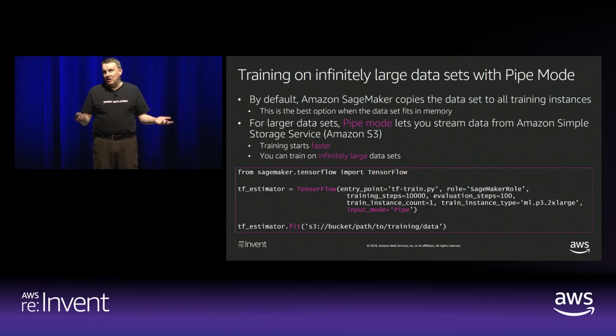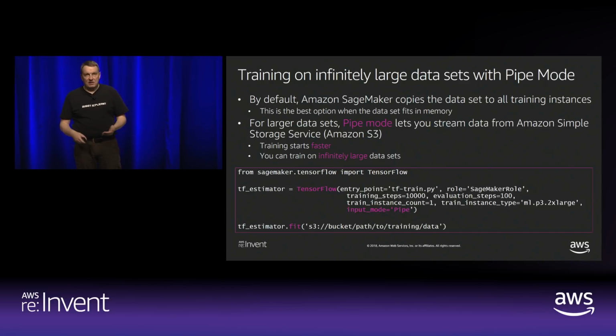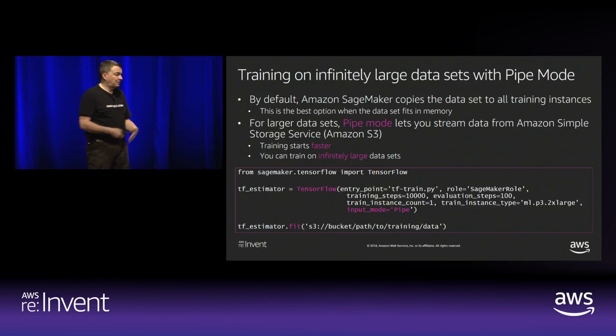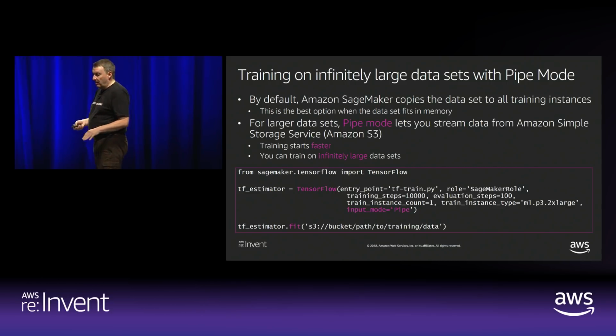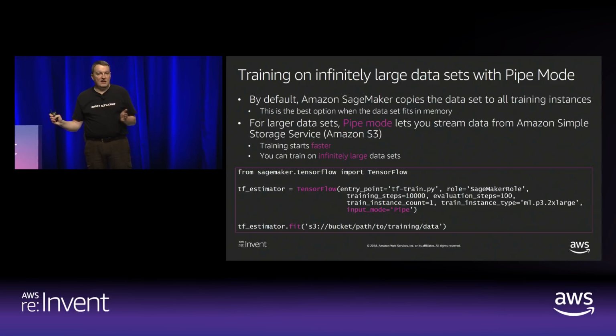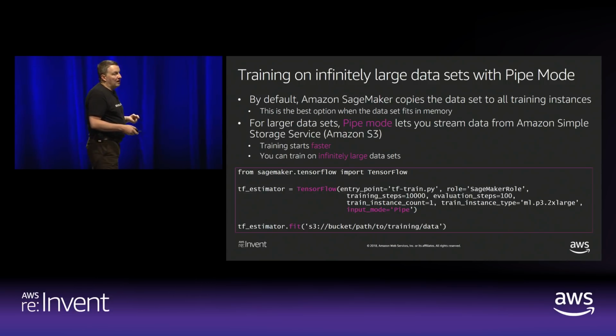Now, imagine you have data sets in tens of terabytes, hundreds of terabytes, maybe more. If you're working with huge speech or video data sets, that's going to happen. Of course, you'll never have enough space, and the time it would take to copy to the instances would just be silly. So to solve that problem, we came up with pipe mode. Pipe mode is a way for you to stream the data set to the instances. The two benefits are, you're not copying anything, so training starts faster.